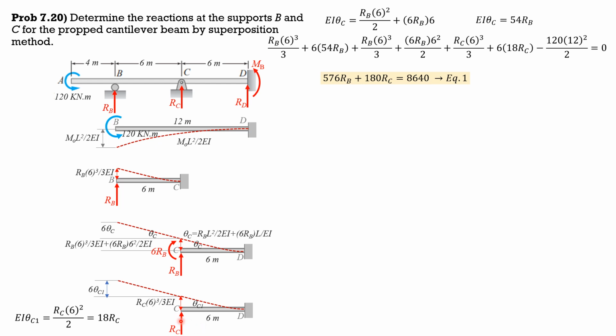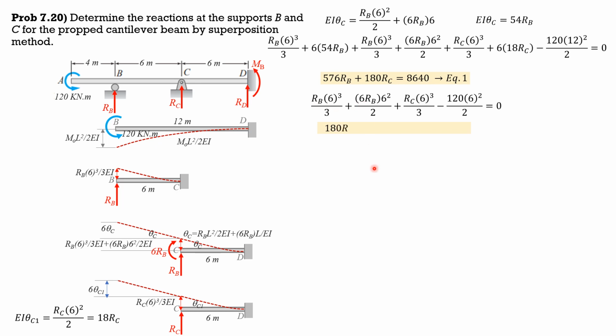Let's begin with R sub B here. 6 cube over 3 plus 6 RB 6 square over 2 plus RC 6 cube over 3, then minus 120 6 square over 2 minus this equals 0.